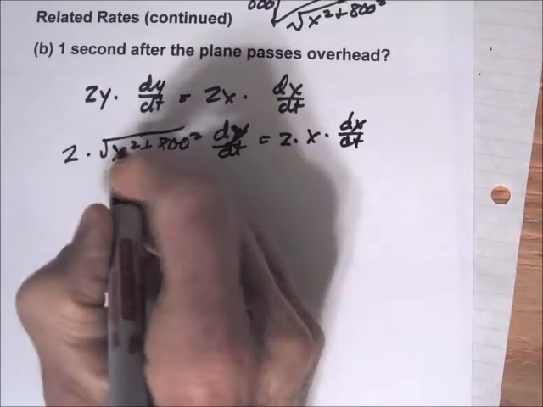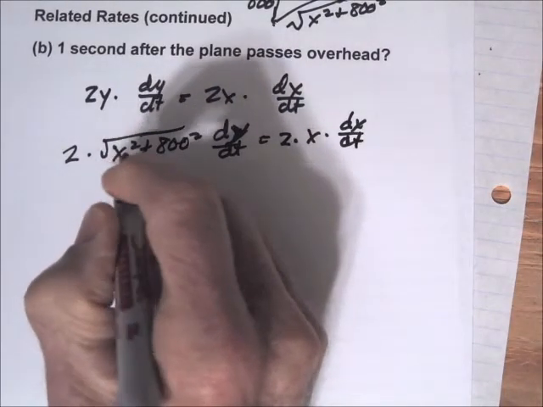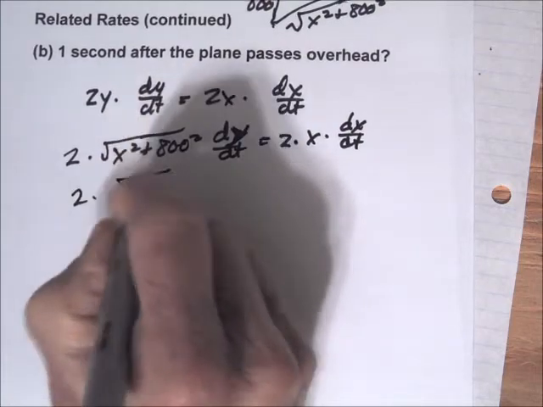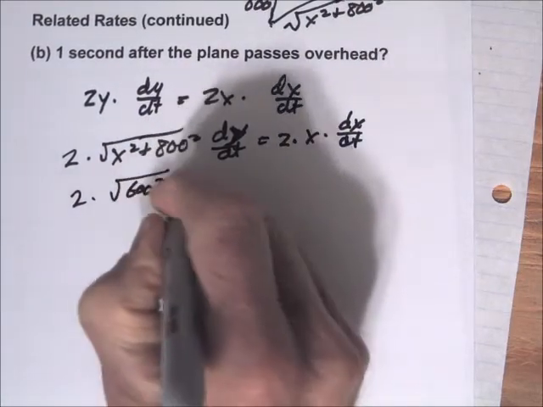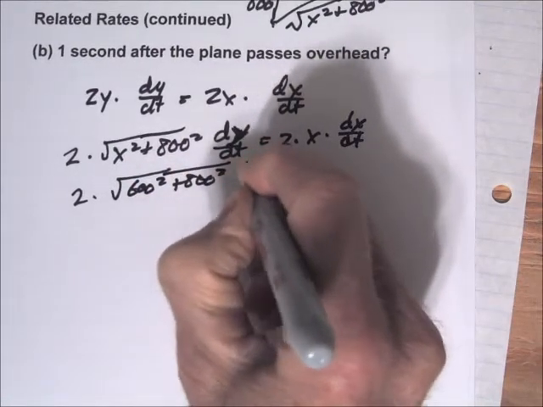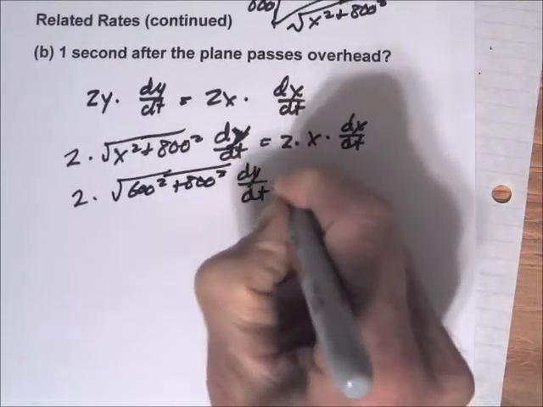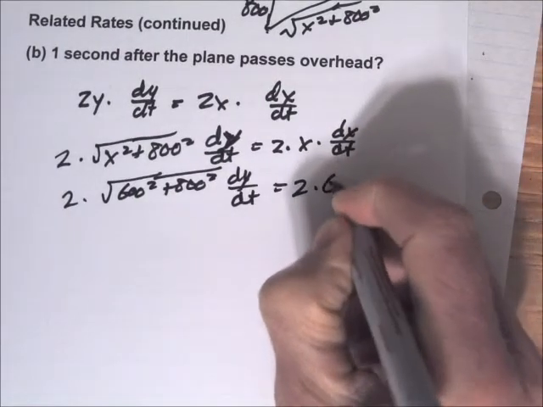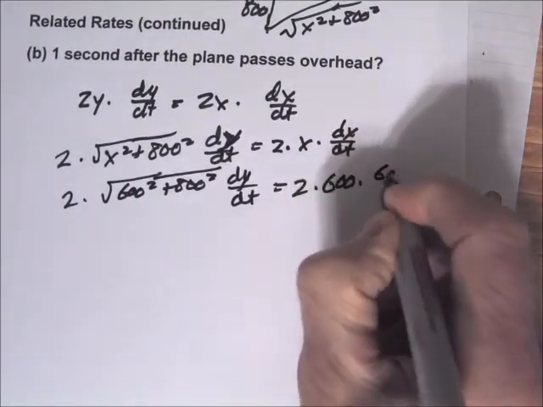Okay, so if x is 600, then we have 2 times the square root of 600 squared plus 800 squared times dy/dt equals 2 times x, where x is 600 and dx/dt is 600.